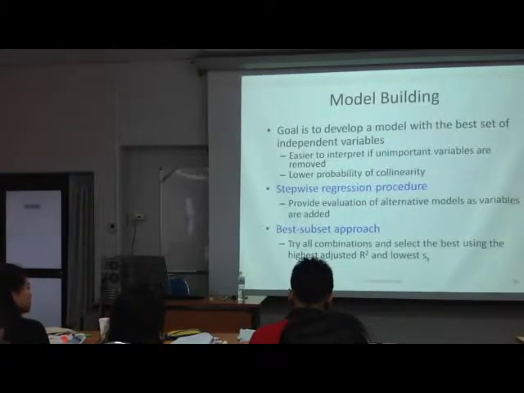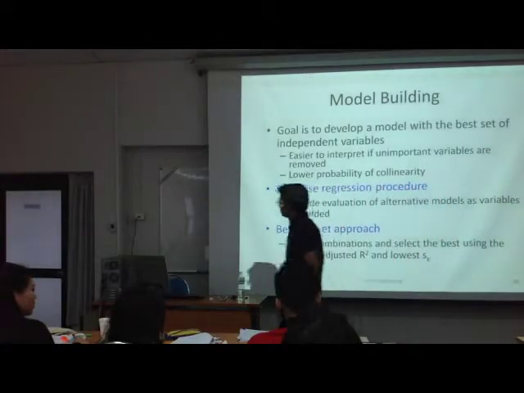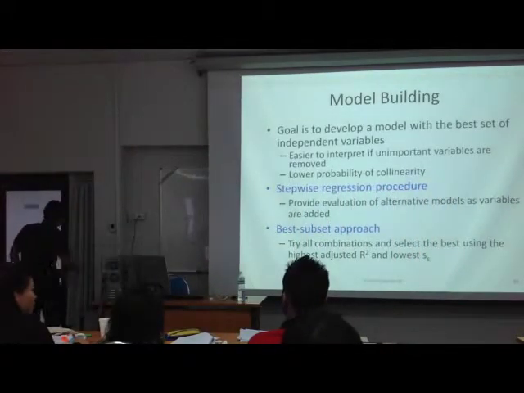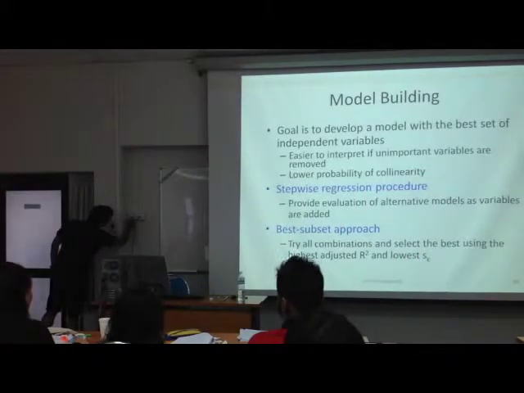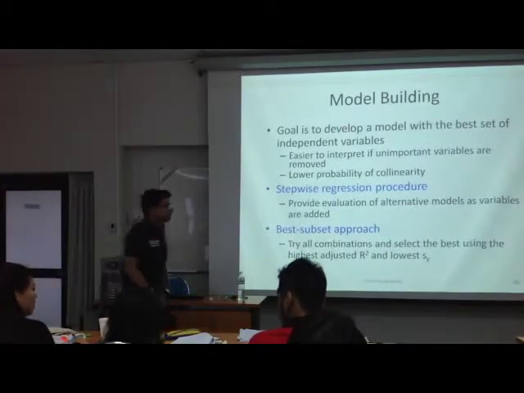If you consider only the first order model, if you have 3 variables, then how many possible models can you have? Right? These are all the possible models.